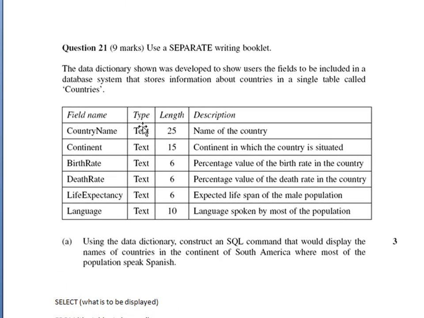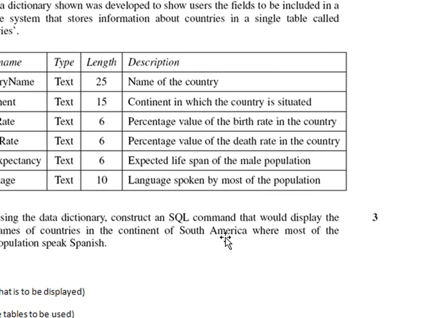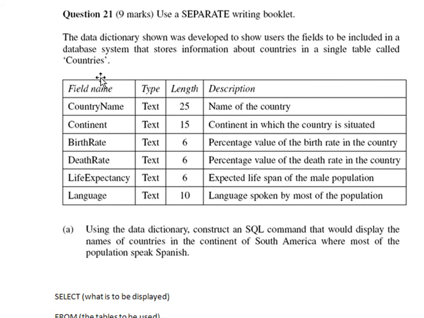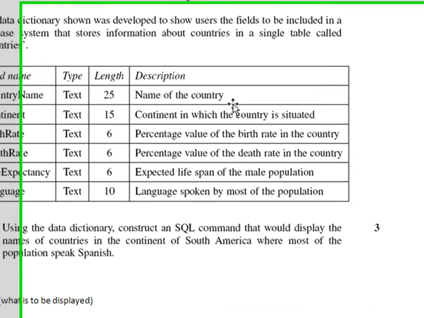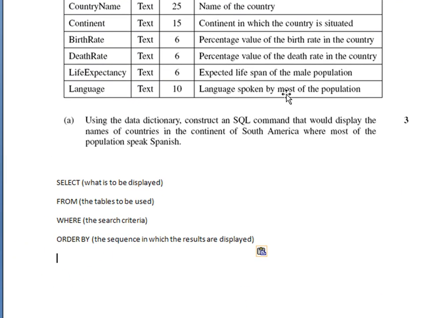We need to list country names, continent, and also language. Now, our criteria is our language, they need to speak Spanish. Our continent is South America. So basically we are creating an SQL command that will list all of the countries within South America that speak Spanish.